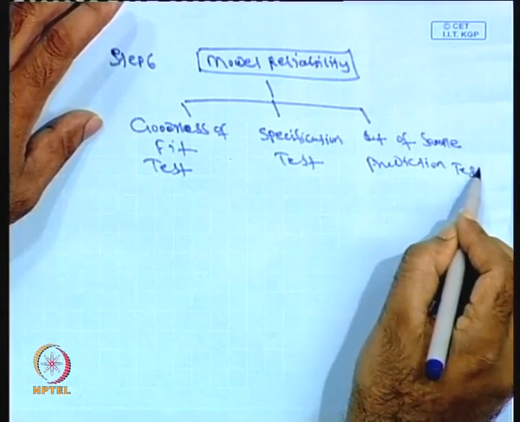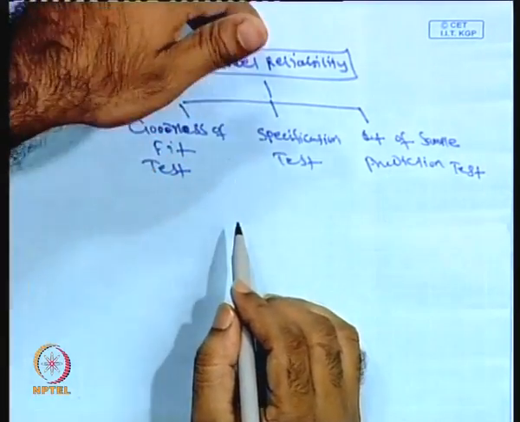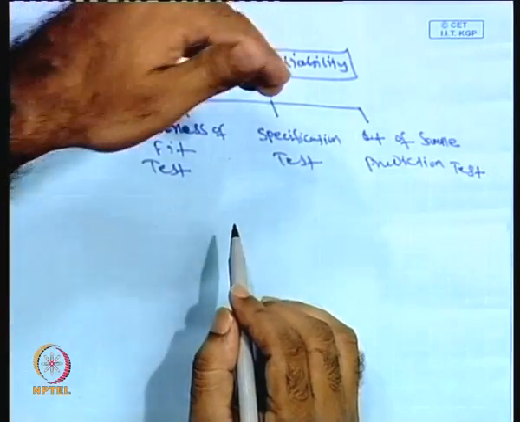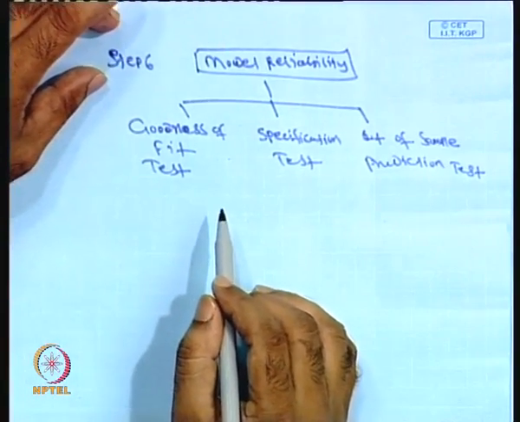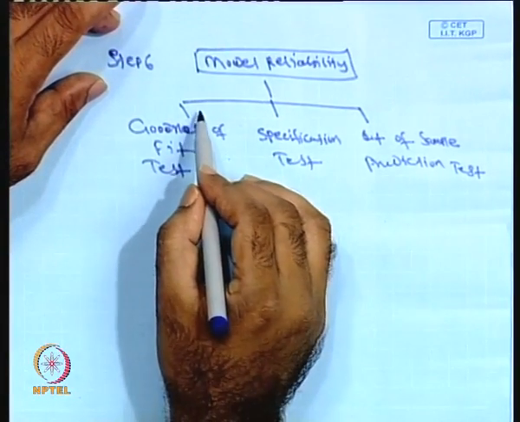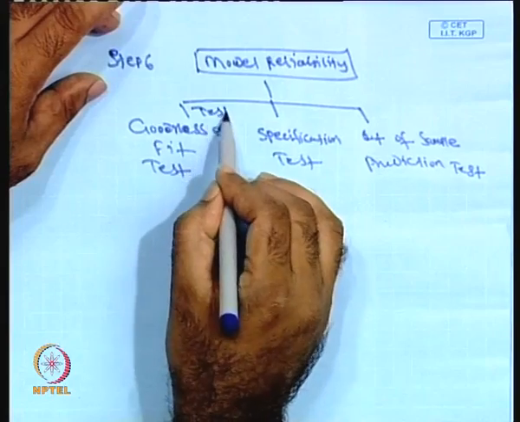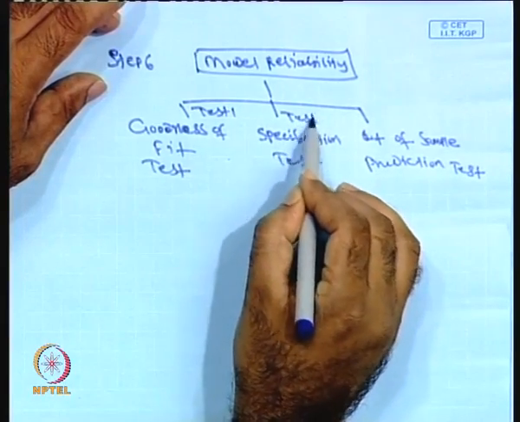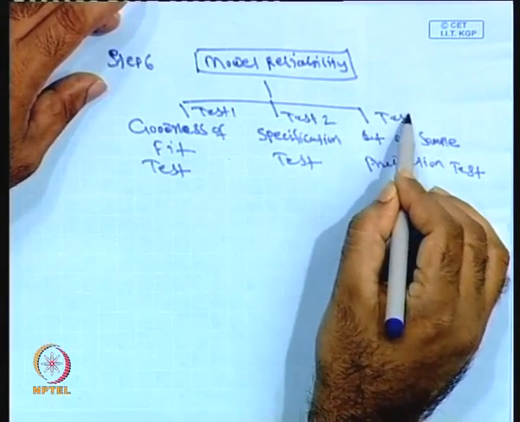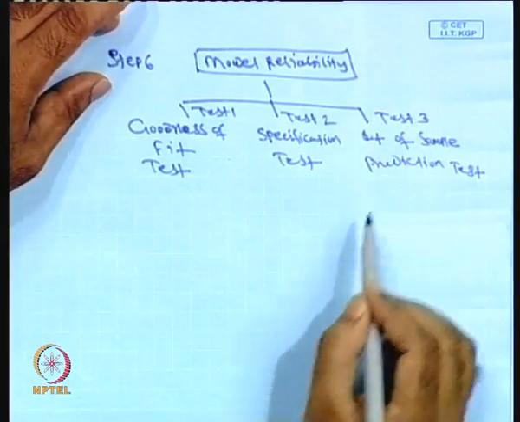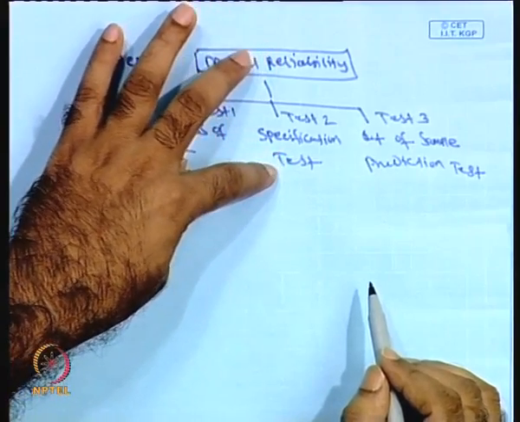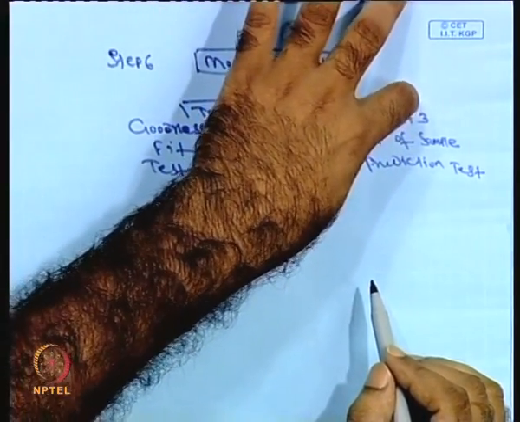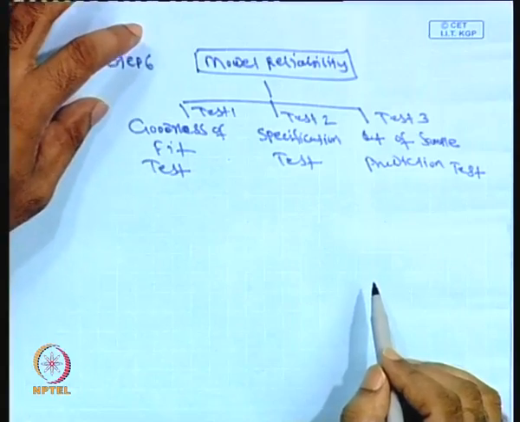So once you have the estimated models, the next step is model reliability. Model reliability deals with three tests: test 1, test 2 and test 3. Test 1 deals with goodness of fit, test 2 deals with the specification test, and test 3 deals with the out of sample prediction test.